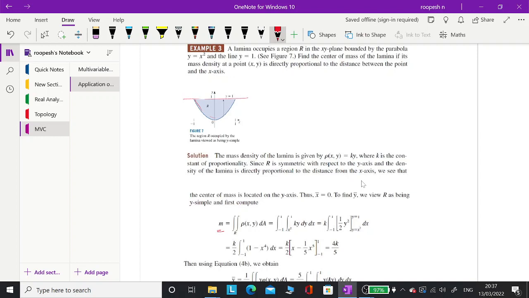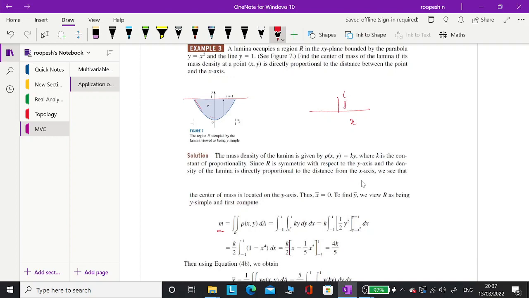Find the center of mass of the lamina if its mass density at a point xy is directly proportional to the distance between the point and the x-axis. So the distance between the point and the x-axis, if this is the x-axis, the distance from this to here is nothing but y, right?